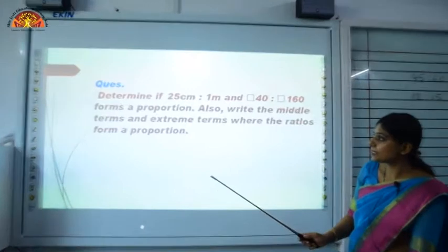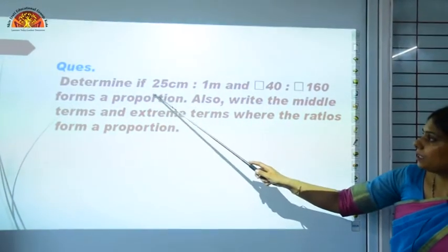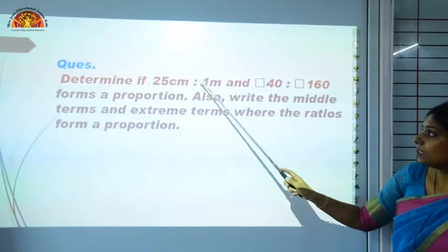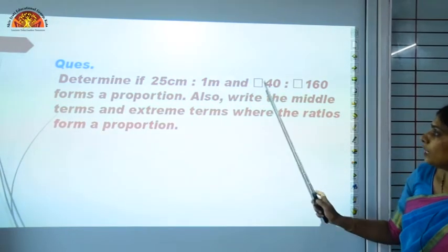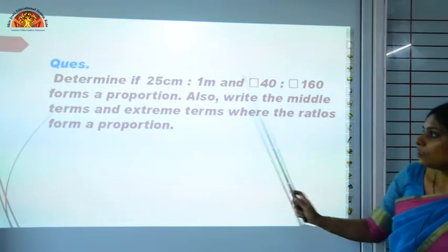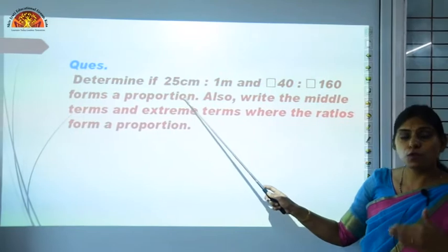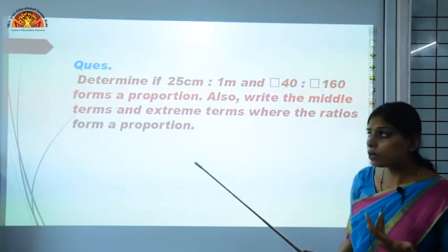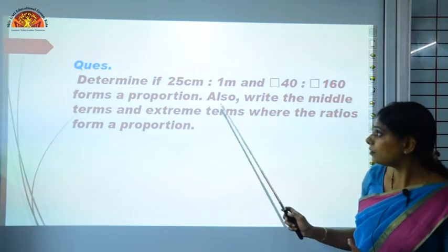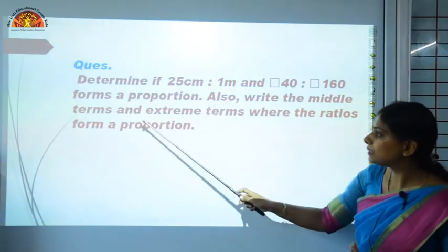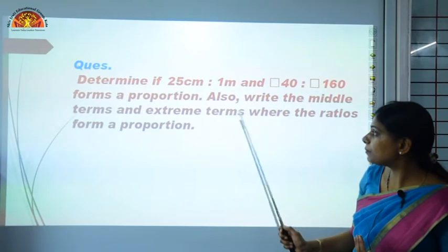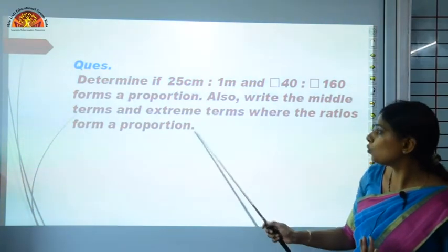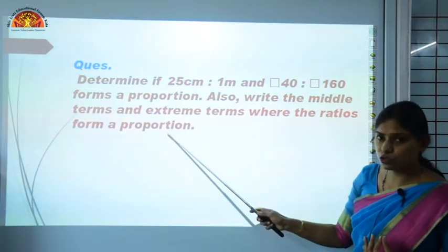Now the next question: determine if 25 centimeters is to 1 meter and 40 is to 160 form a proportion. So what you have to check is whether these four terms are in proportion or not. We'll apply the same method. Also write the middle terms and extreme terms where the ratios form a proportion. Is it clear?